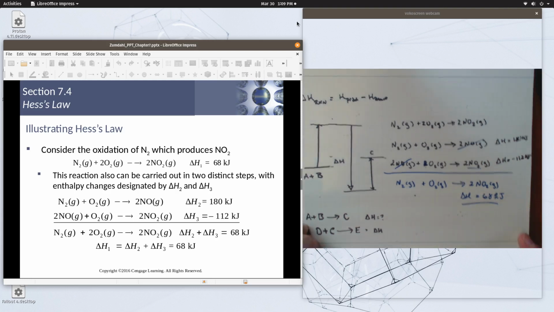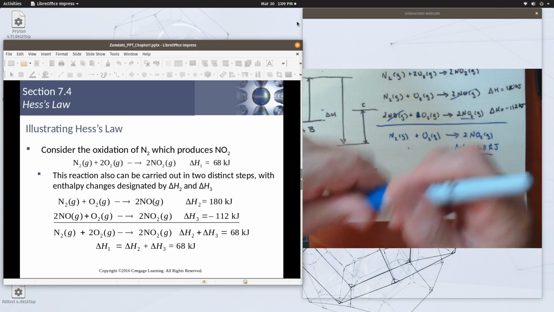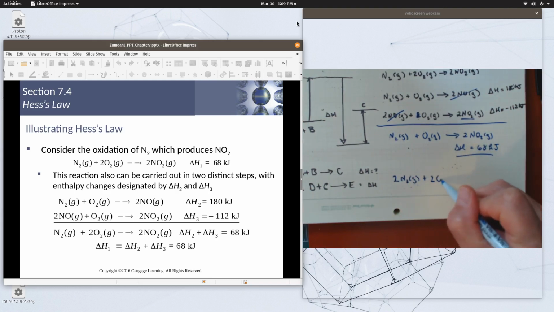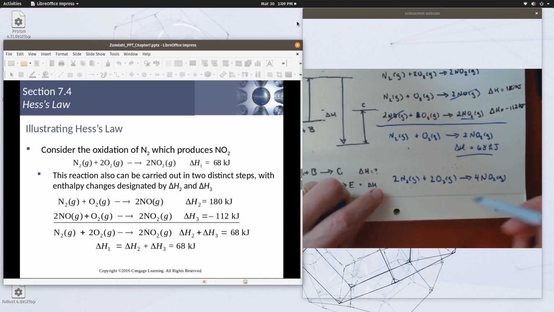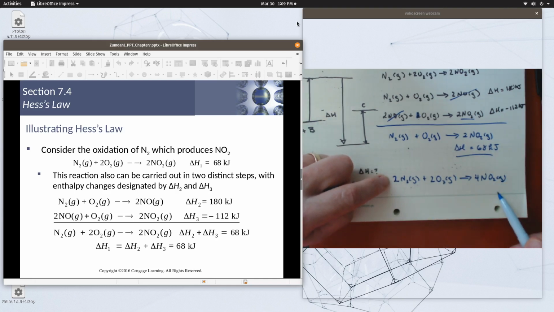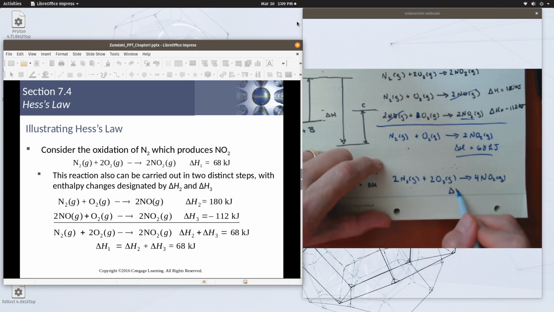Because if I instead had the reaction with 2 moles N2 gas plus 2 moles O2 gas to give me 4 moles NO2 gas, this is really twice that reaction. I multiplied all those by 2, and so the delta H for this reaction is now equal to 136 kilojoules. Double that number.